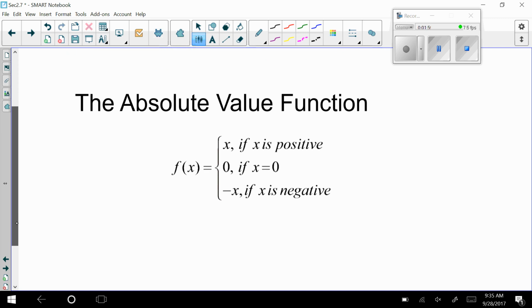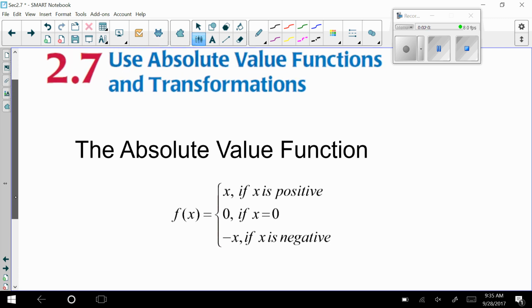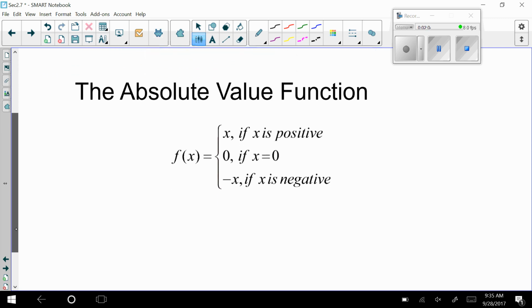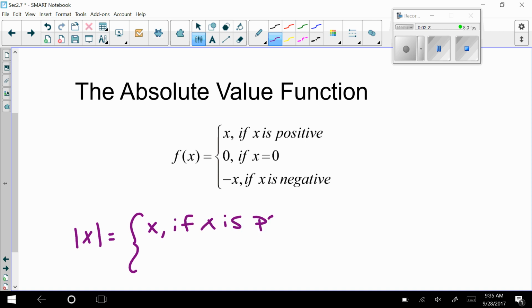So in this next part, we're going to look at the absolute value function. The absolute value of x equals x if x is positive. It equals 0 if x is 0.